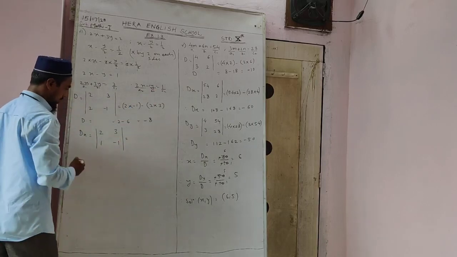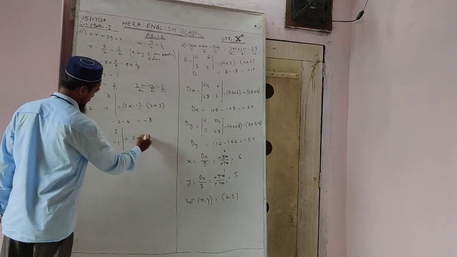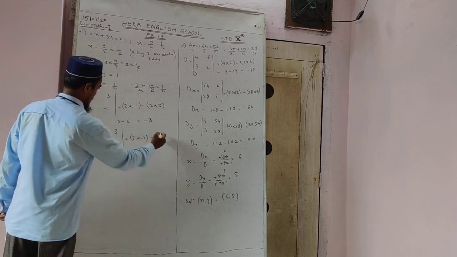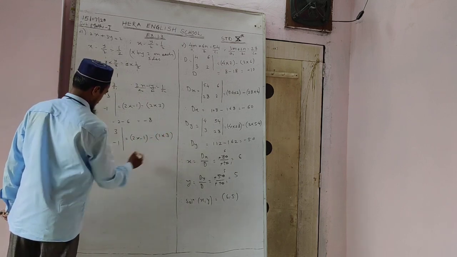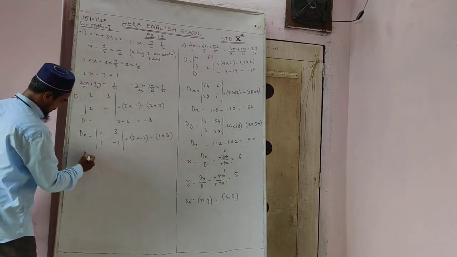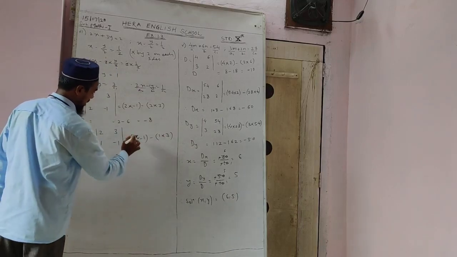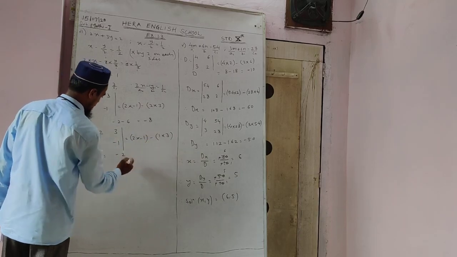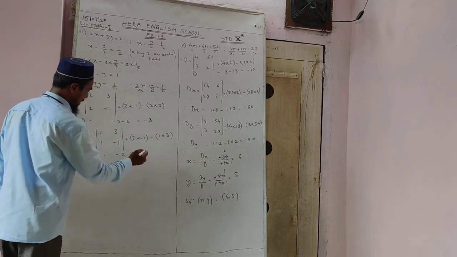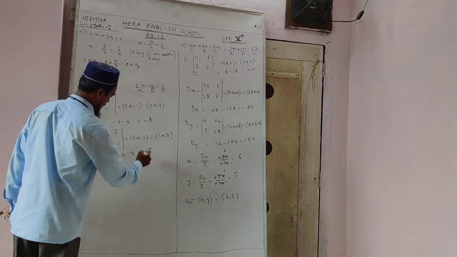Now take the cross multiplication: 2 into minus 1 minus 1 into 3. Value of dx equals minus 2 minus 3, which is minus 5.